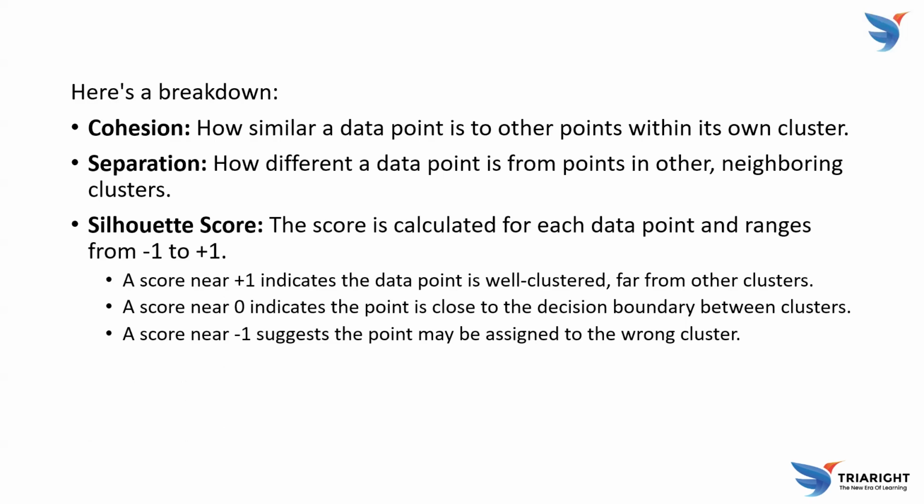A score of 0 indicates that a point is close to the decision boundary between the clusters. If the score is negative, the point may be assigned to the wrong cluster. A value close to -1 indicates the data point is likely assigned to the wrong cluster.